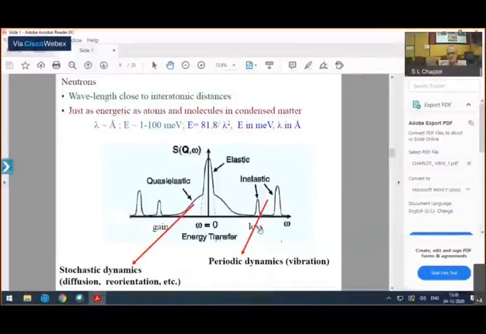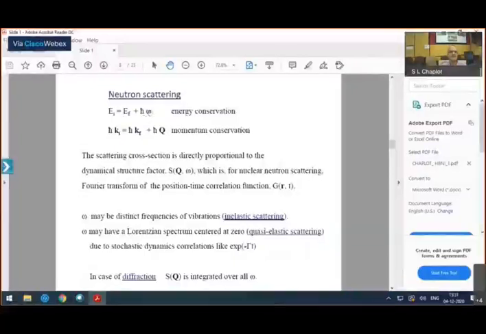You can have energy loss or energy gain. If EI is larger than EF, the incident energy is more than the final energy, that means the neutron has lost energy. So that's the energy loss, and we say that an excitation is created. The neutron loses energy and passes that energy on to some excitation.